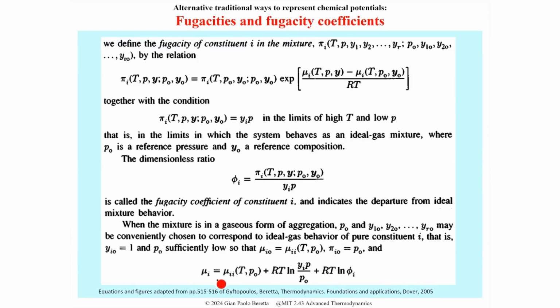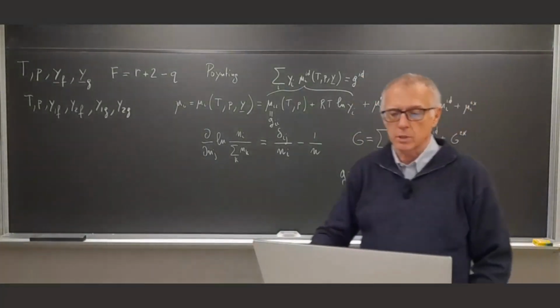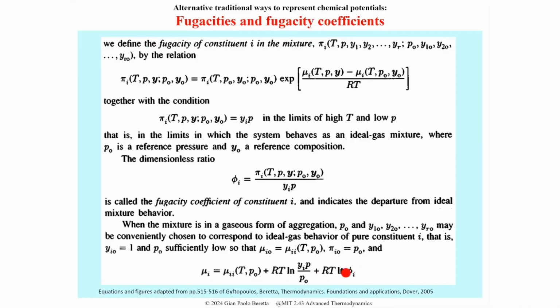The chemical potential, you write it again as usual, like we did. As we take as reference the pure substance, then you have RT log of y, okay, and then you have plus RT log of P over P0 plus RT log of phi. So essentially you rename the excess chemical potential in terms of this fugacity coefficient.